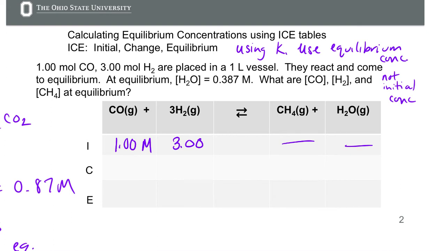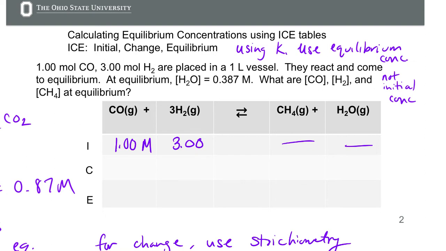So in terms of a change in concentration, we need to use the stoichiometry of the equation to determine how much change in that concentration there will be. For change, use the stoichiometry. Okay? So you've done this, whether you did it in an ICE table or not.